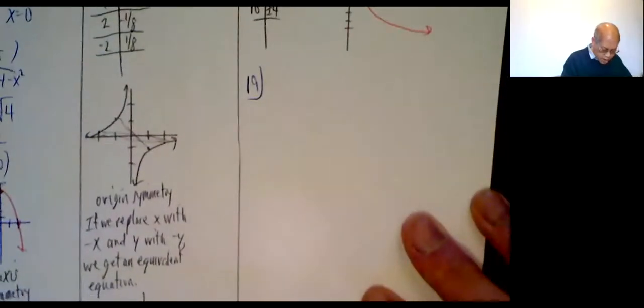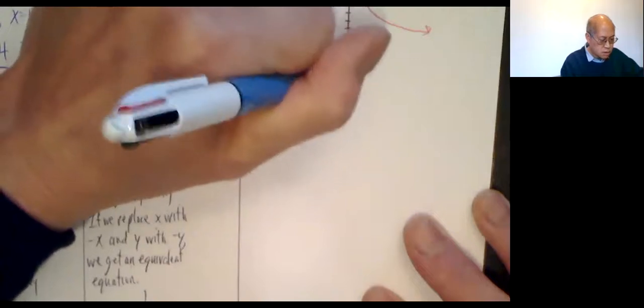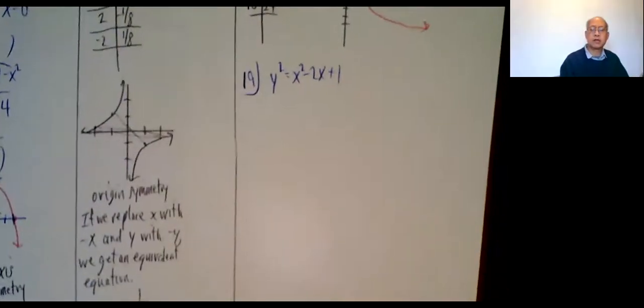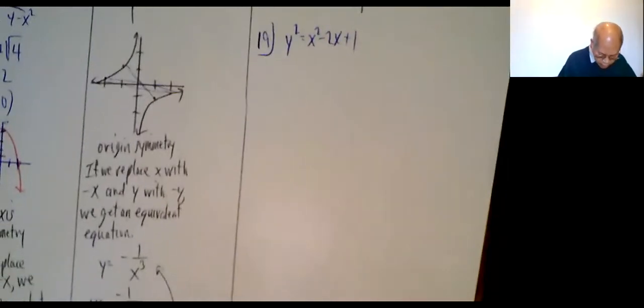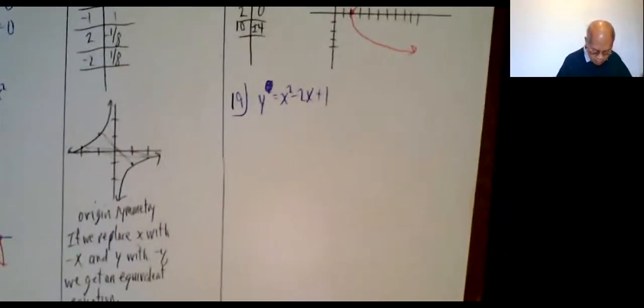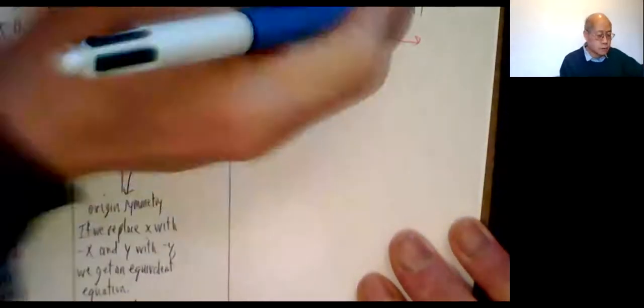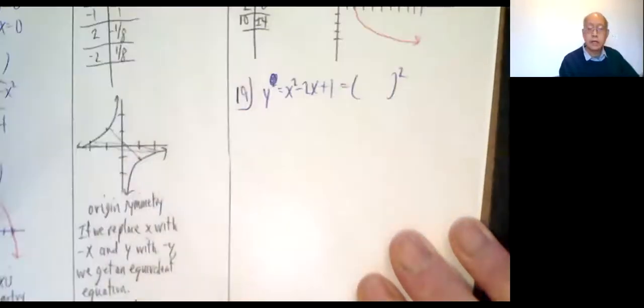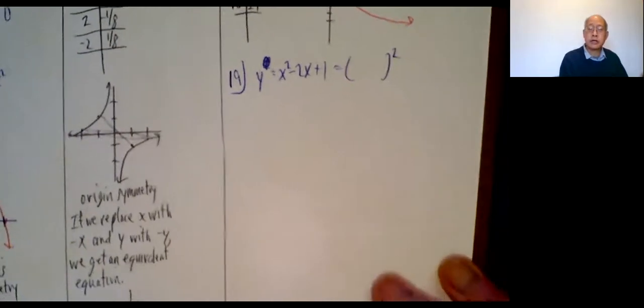Okay, 19, y equals x squared minus 2x plus 1. Oops, it's not y squared. It's just y, sorry. I goofed. Okay, this thing factors into a perfect square. Can you guess what's the perfect square?